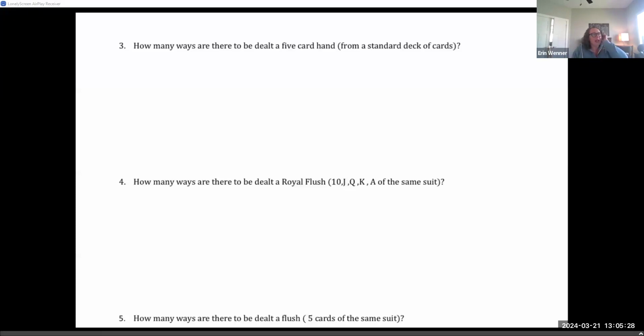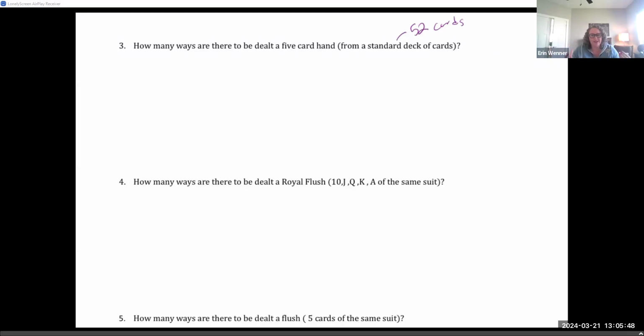Number 3 says, how many ways are there to be dealt a 5-card hand? A standard deck of cards, remember, has 52 cards. The reason it's nice to look at cards with combinations is that when you put them in your hand, if you're not looking at something fancy about them, you're just asking how many ways you can hold them.